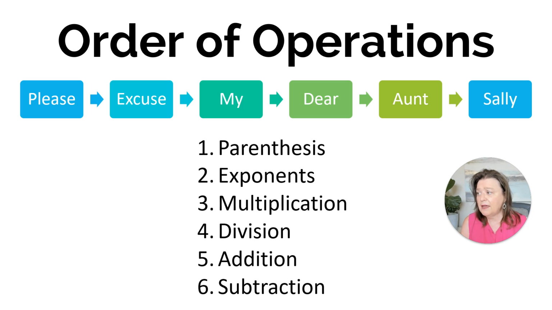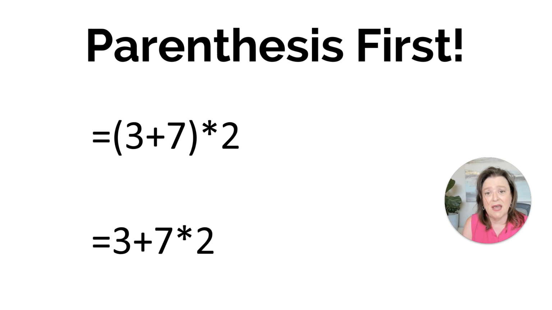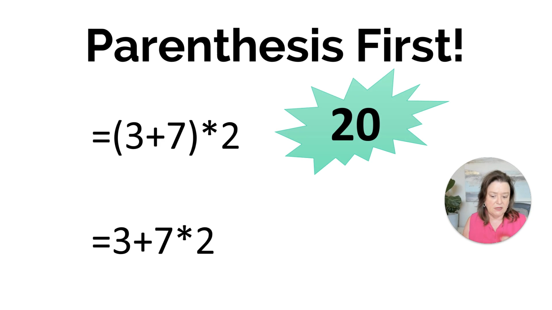And the main takeaway I want you to take away from this is that parentheses come first. Here's a very simplified example for you. In the top result, we have parentheses around 3 plus 7. So that comes first. That equals 10. The asterisk means multiply in Excel. So multiply times 2, that gives us a 20.